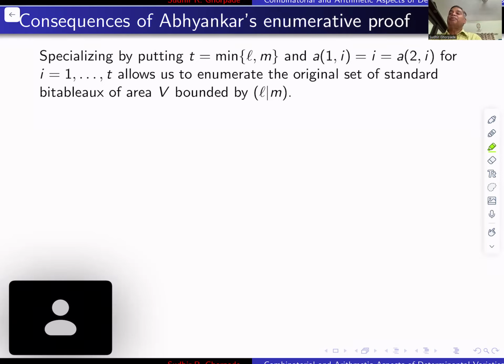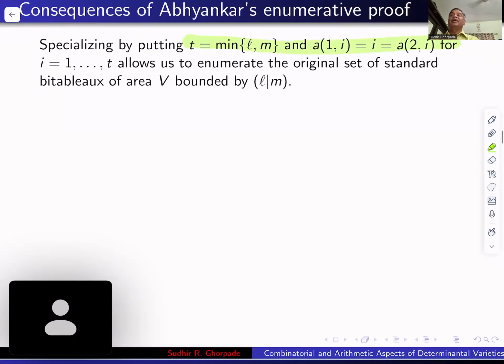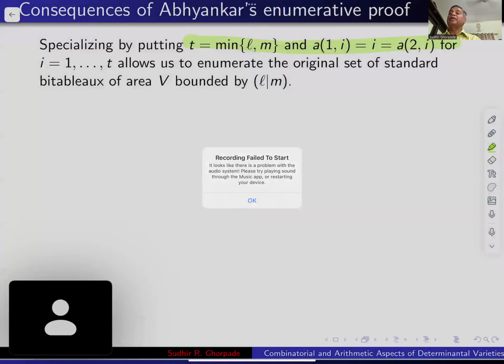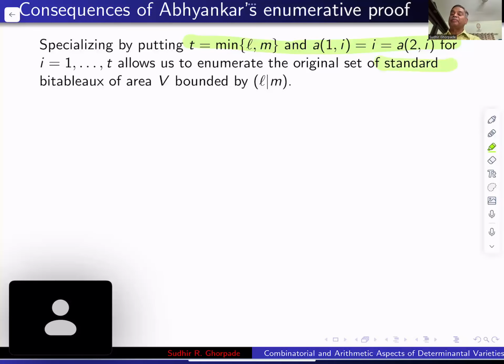So in this special case, the condition that the bitableau is dominated by A is no condition, and you just get the original set of standard bitableaux of area V bounded by L and M.